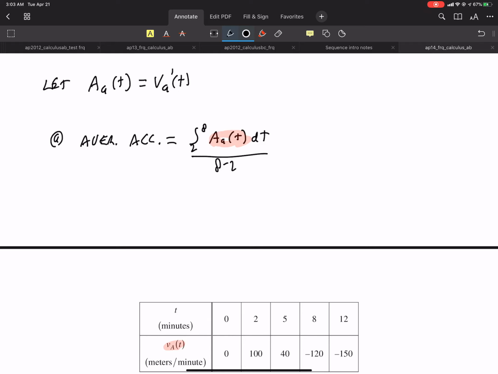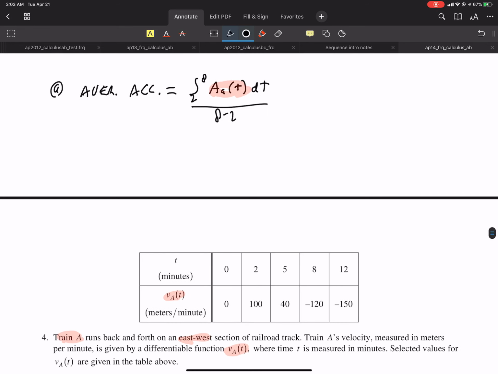So I'm going to state what the A is. So that's your formula for average of anything. Now using the fundamental theorem, your first step is you take the antiderivative of A of t. Clearly, that's just V of t or VA of t. And then they say, fundamental theorem, you plug in 2 and you plug in 8.